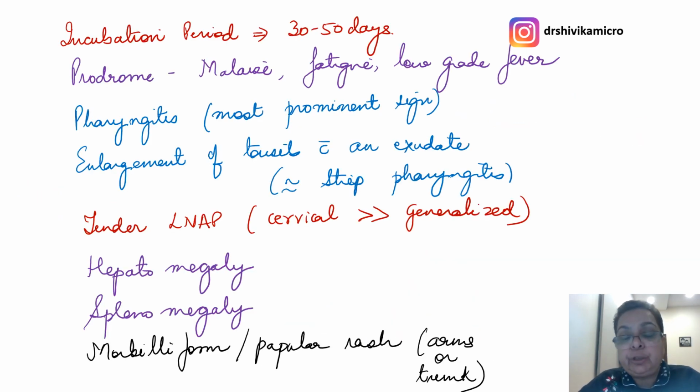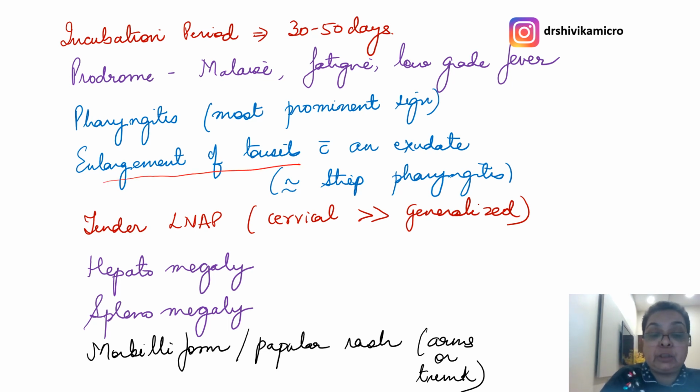Right. The incubation period of infectious mononucleosis is 1 to 2 months. There is a characteristic prodrome associated with malaise, fatigue, low-grade fever, and what is so characteristic, the most common presenting symptom is sore throat, and this is associated with enlargement of the tonsils, which are covered with whitish or grayish exudate, very closely resembling streptococcal pharyngitis.